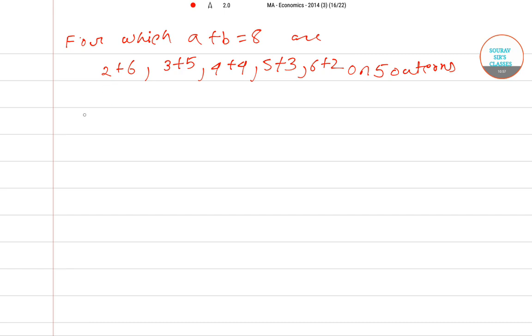Now, if you do this, then we'll get the probability of sum of 8 equals 5 by 36. So we have found the probability of sum of 8 is equal to 5 by 36.